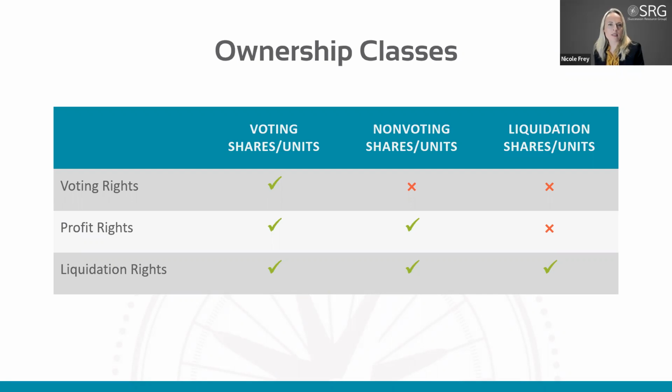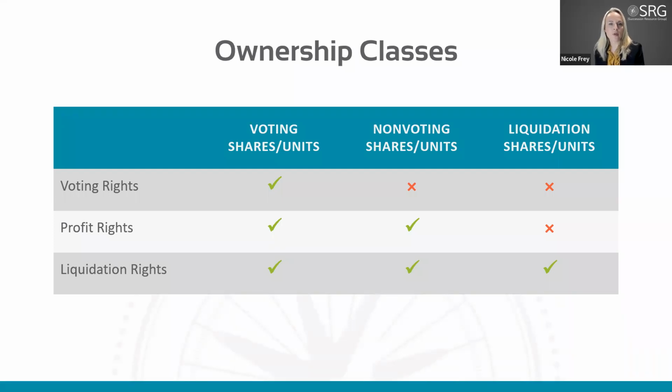The ownership classes typically pertain to three particular rights. And those rights are the voting rights, so the right to make a decision, the profit rights, and liquidation rights. Liquidation rights means that upon sale of your ownership interest, you are entitled to receive the value for your interest.